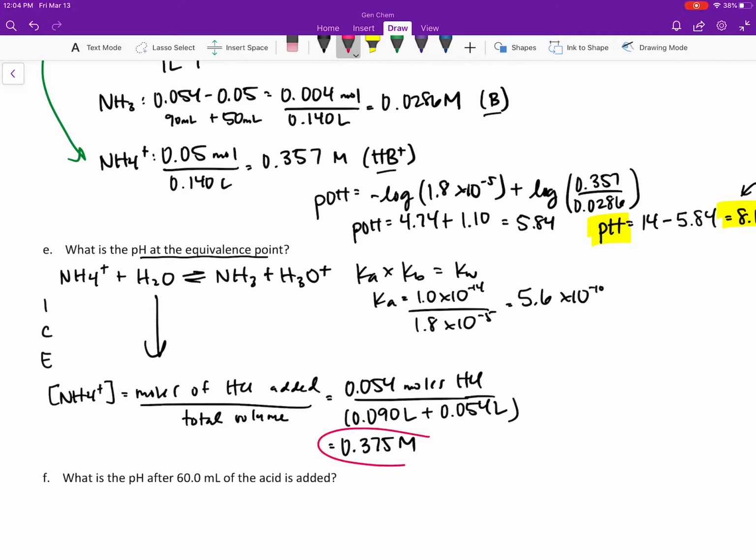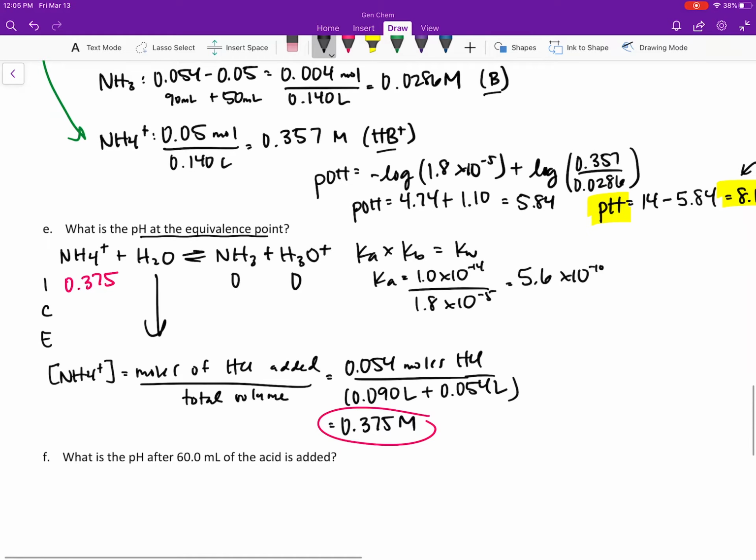So I'm going to take that number and plug it into my ice table. I have none of my ammonia at this point, and none of the hydronium, because we're trying to determine the new pH at the equivalence point. So my equation is going to shift to the right, because my Ka, when it's multiplied by 1,000, is much smaller than the concentration here.